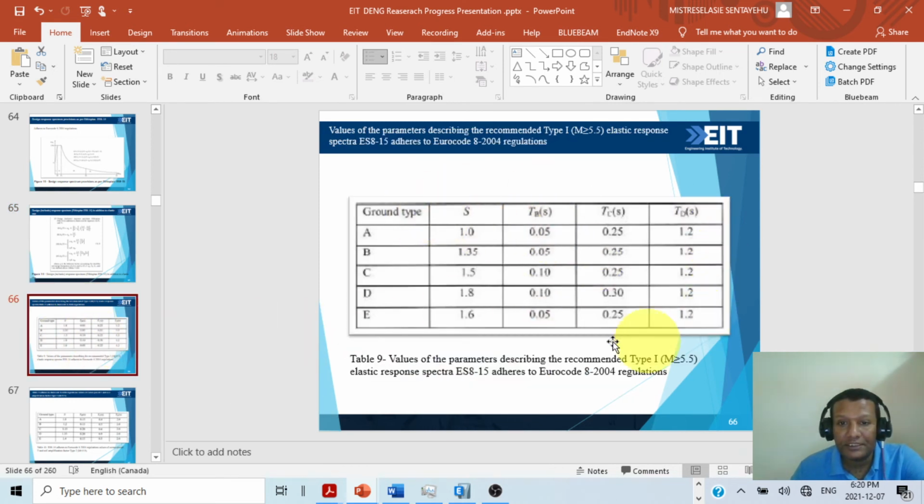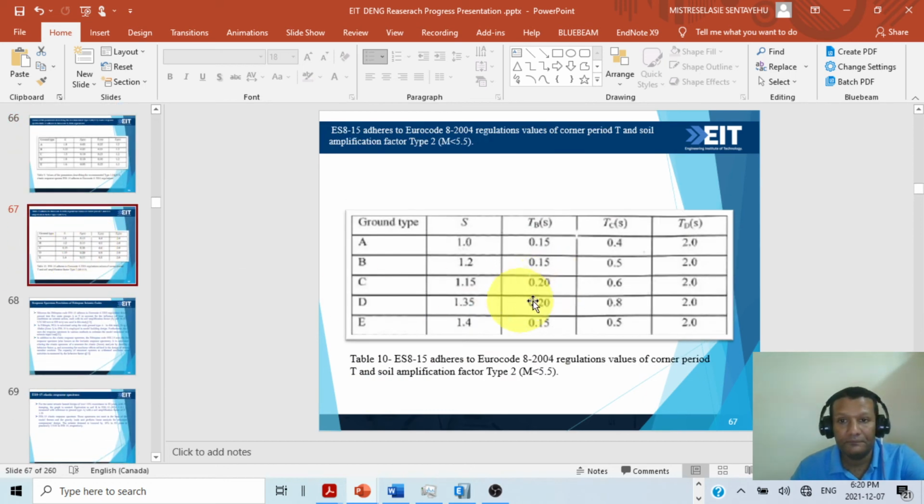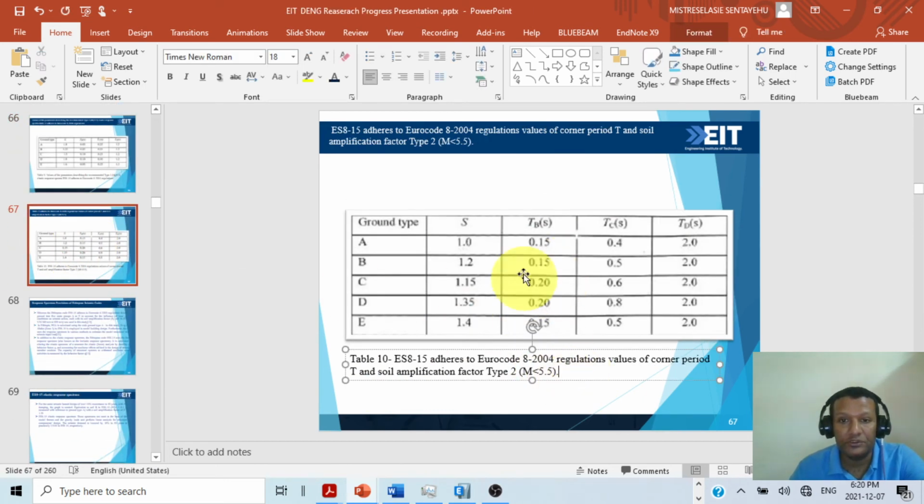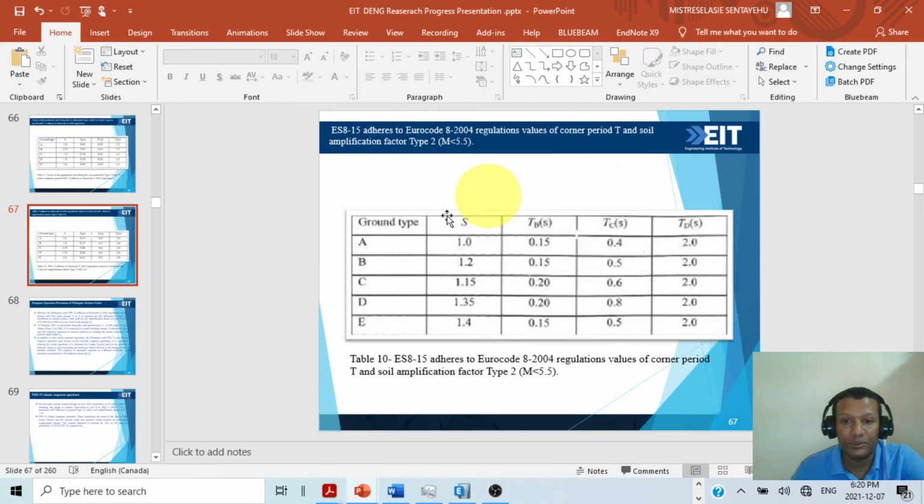As I showed you, this is a table for TD, TC calculation. Once we know the ground type and the type of response spectrum, type 1 elastic response spectrum, then we can use this. If we were to use the second type of response spectrum, then this was the table.